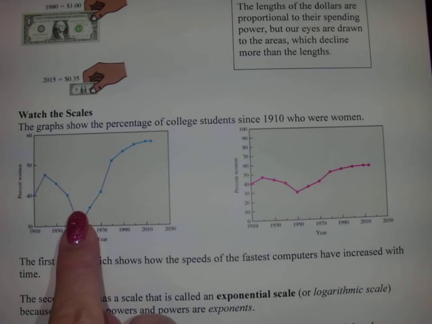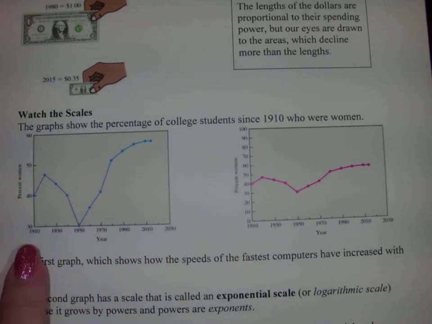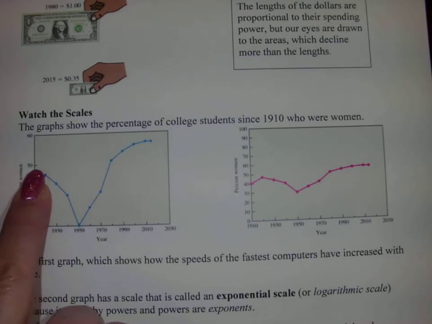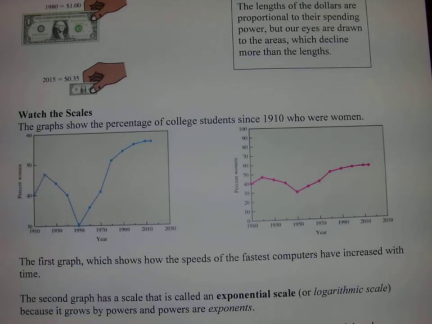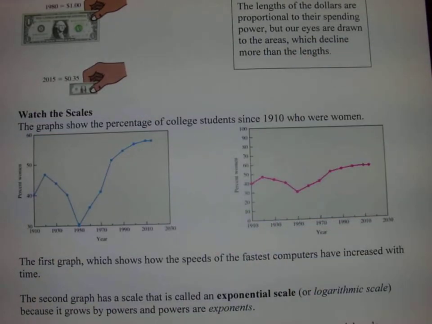This is the same part, but they've changed the scale. This is counting up by tens. This now does not start at 0. It starts at 30, and it counts by tens, but the spacing is way bigger. And you don't have anything past 60, so you don't have the same amount of scale on there.